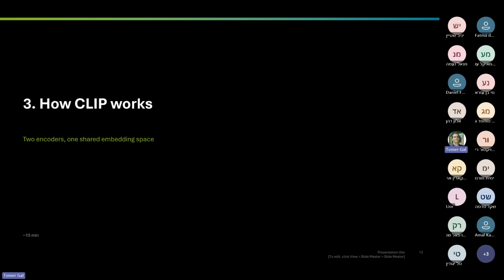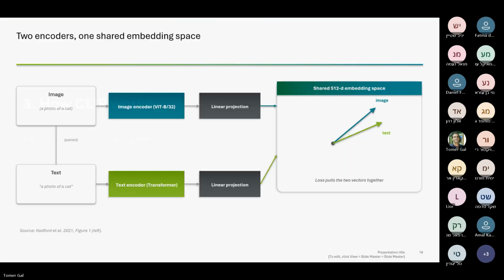Okay, so how CLIP works. We have the two inputs here. We have the image, photo of a cat, and we have a text that says this is a photo of a cat. One goes through the image encoder, with whichever backbone was defined for it, goes through the linear projection, so we have its vector. And same goes for the text. So we have both of them.